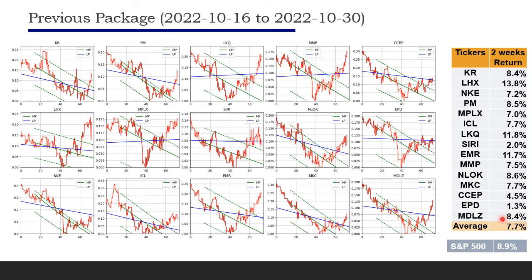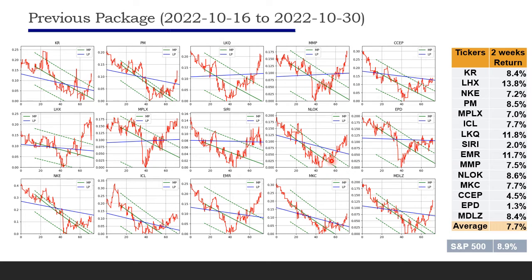And then the average of this package is something close to 8%, 7.7%, which is a little bit less than S&P 500. S&P was close to 9%, 8.9%.